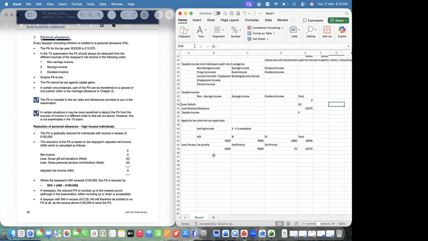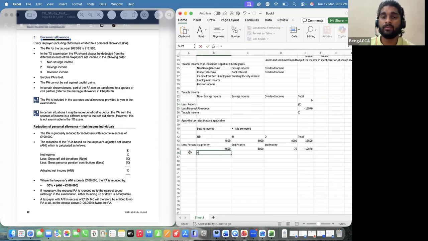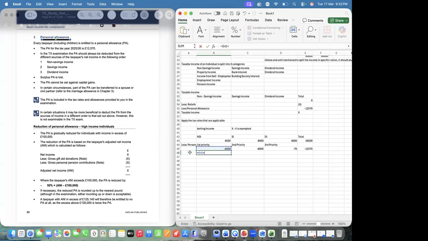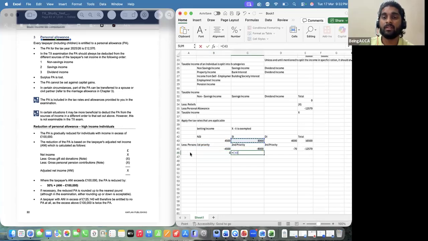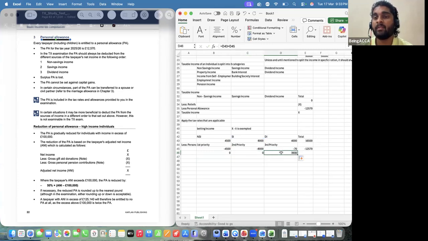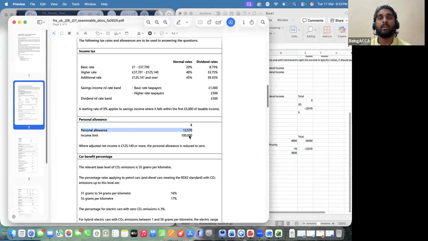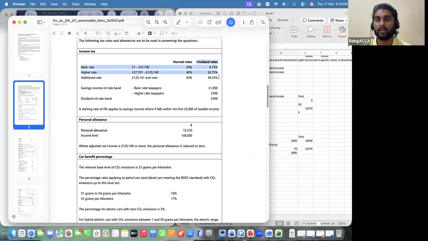Got it? Yes, sir. Now what will happen? This will become 0, correct? Yes, sir. This is also completely being covered. So this plus this will be 0. But you will have dividend income. And let me tell you beforehand, tax rates for non-savings income and savings income are one, and for dividend income you have different tax rates. You do not have to remember them. They will be provided to you here.